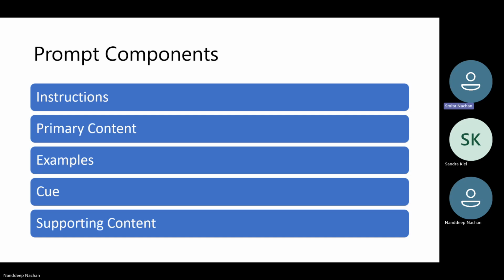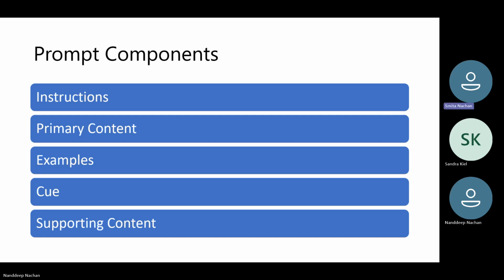The second one is the primary content. So the primary content refers to some sort of text that is being processed or transformed by the model. So the primary content is typically used in conjunction with the instructions. A simple example would be language translation.